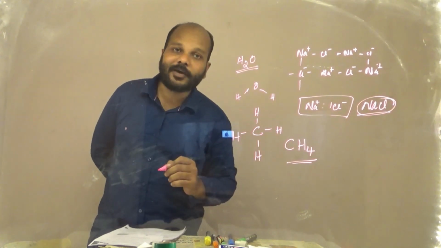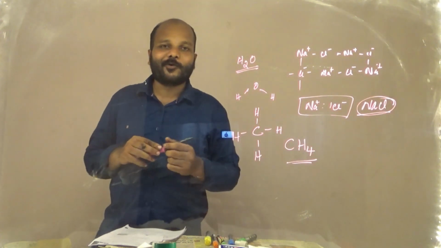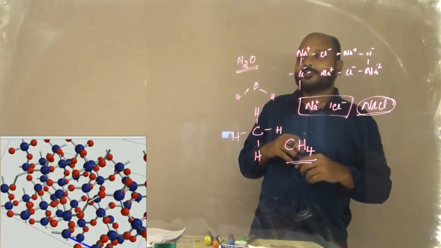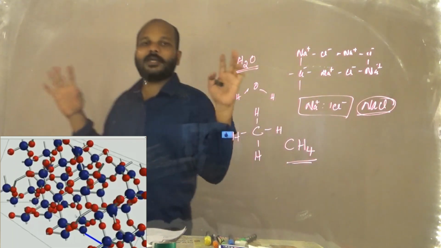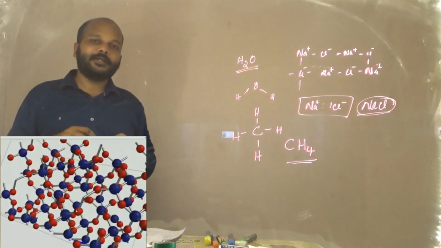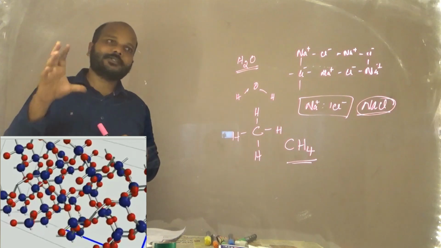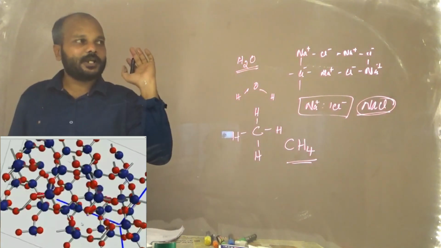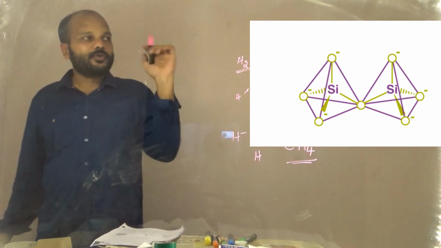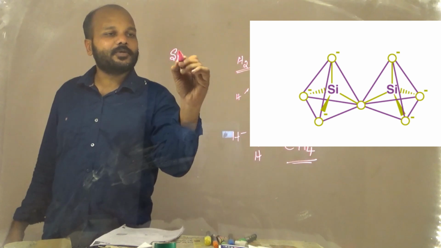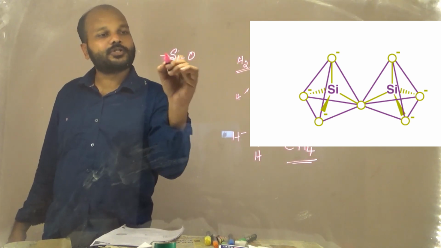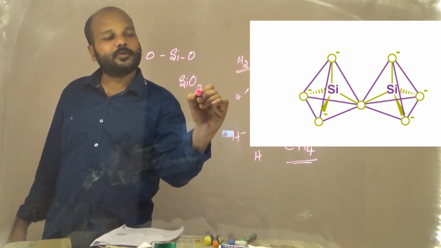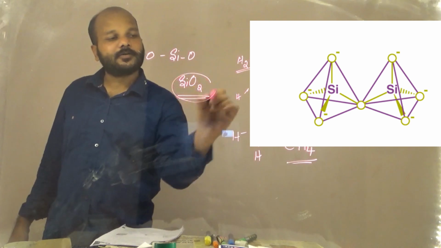Like sodium chloride, which has a giant structure, you can check silicon dioxide, which has a network type of structure. Every silicon atom is bound to two oxygen atoms. If you check the ratio, its formula is going to be SiO2.